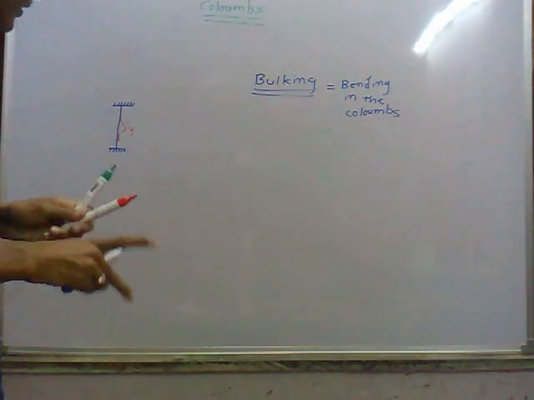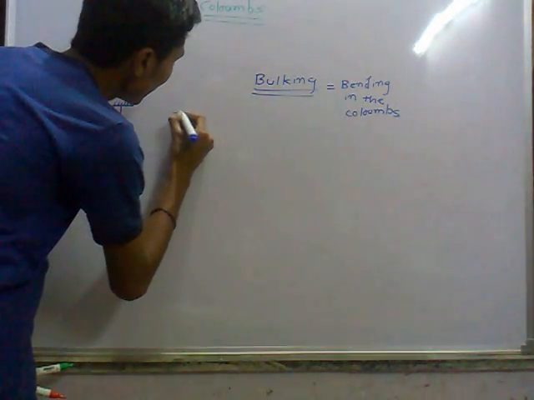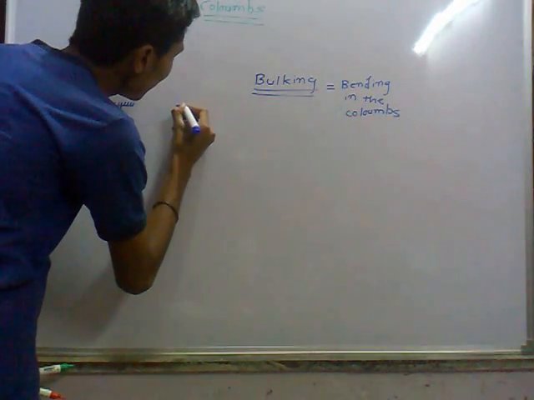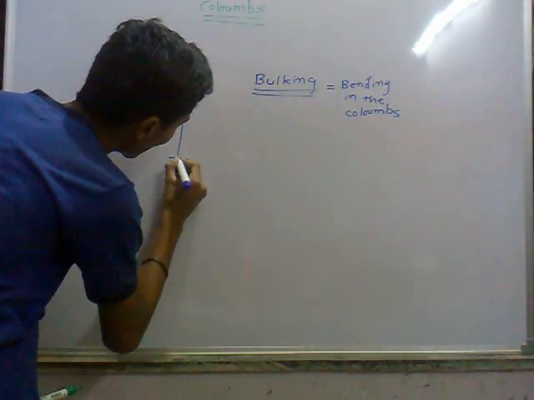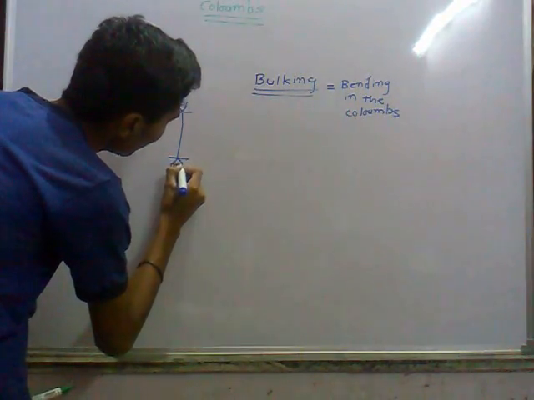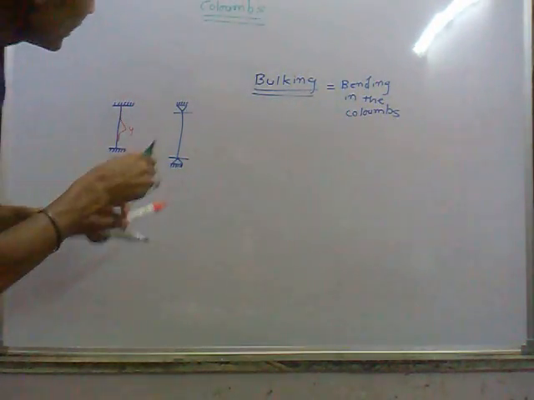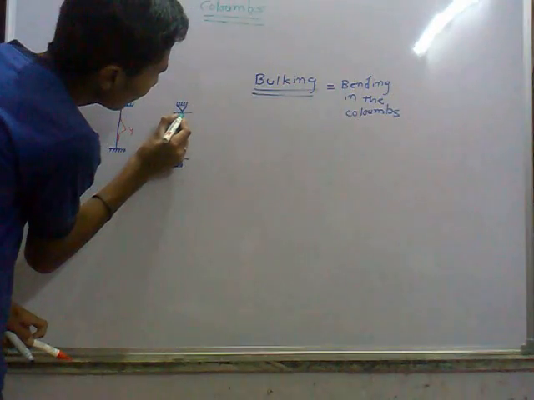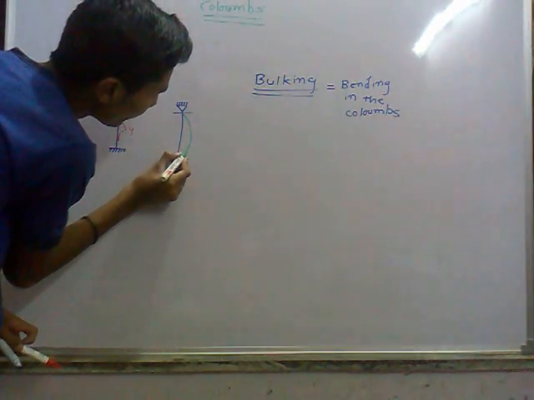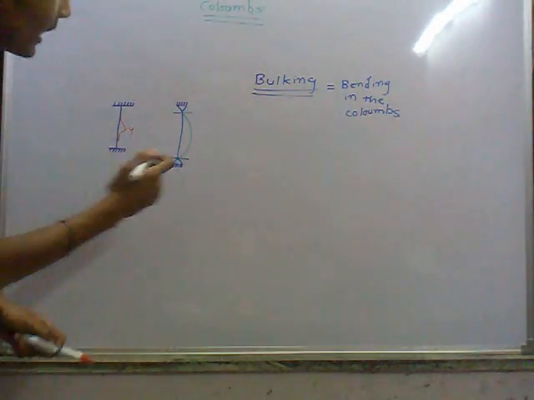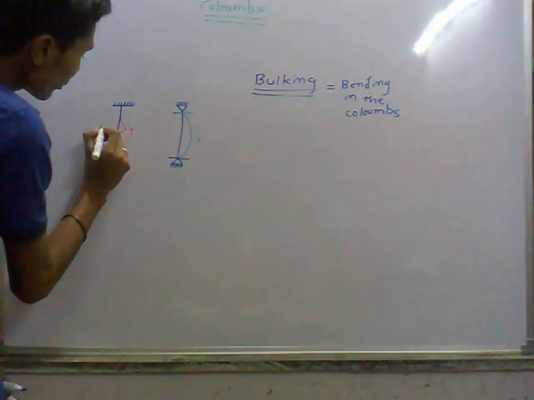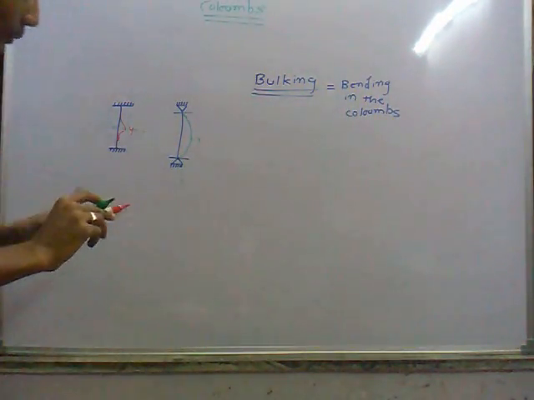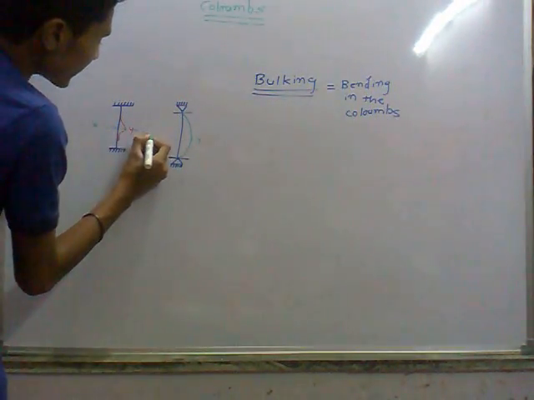Now the next condition is when the column is hinged at both ends. In this case the buckling is formed like that from the starting point. We are taking the moment at this point. We are taking the cross-section at this point, which is given by the distance x.